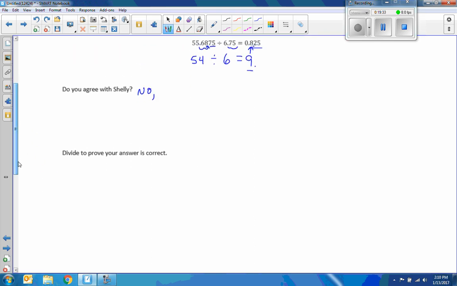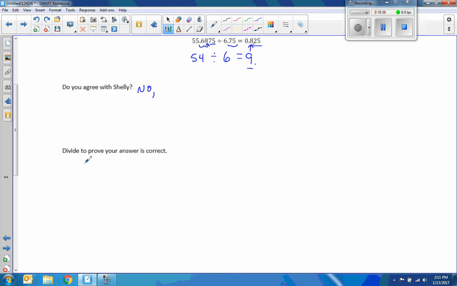So now we're going to divide to prove our answer is correct. The first thing I would do is take 55.6875, or 55 and 6,875 ten-thousandths, and divide it by 6.75. I want to get rid of that decimal, so I multiply the top and bottom by 100. 100 divided by 100 is 1, so I'm multiplying by 1. 6.75 times 100 is 675.